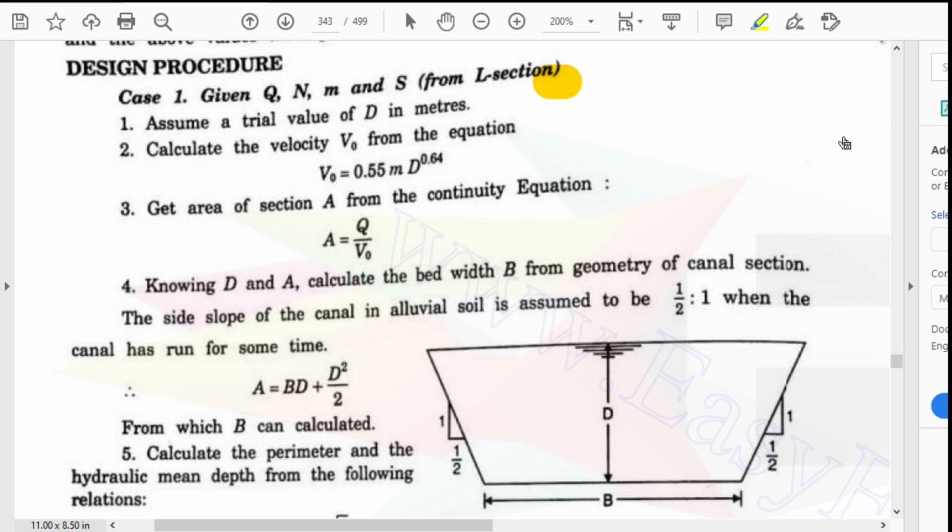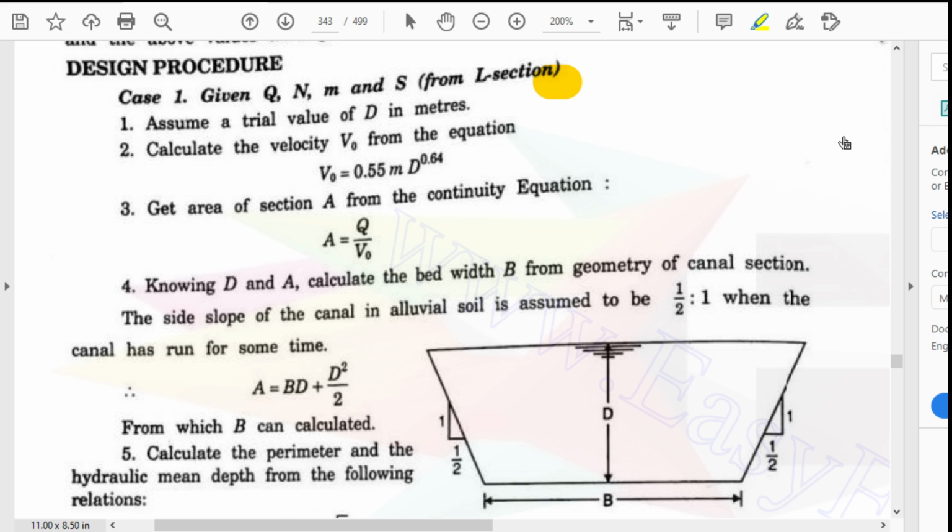Now the discharge value will be given to us, and right now we have calculated the velocity by using Kennedy's equation. Now we can use the continuity equation for finding the area. Okay, area of section.